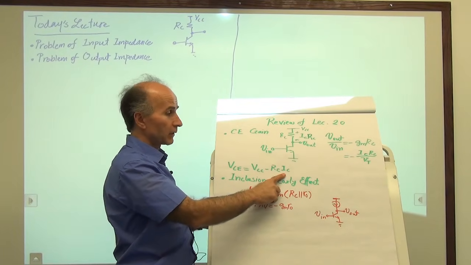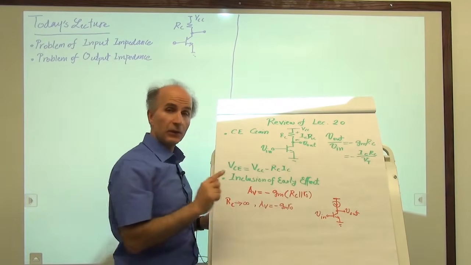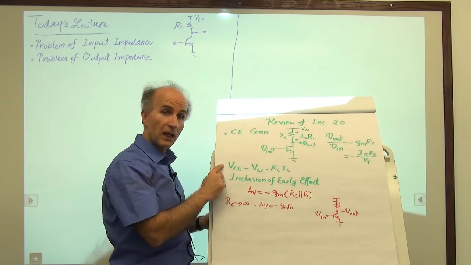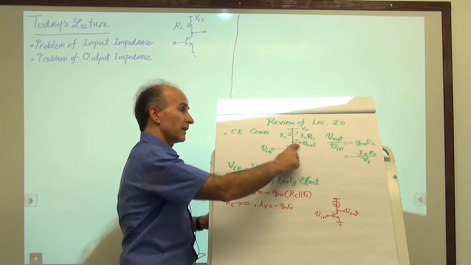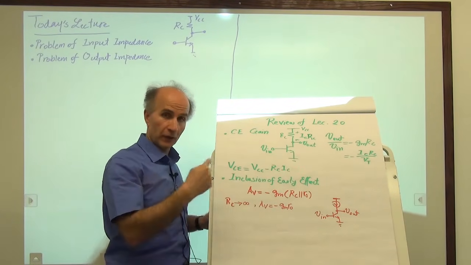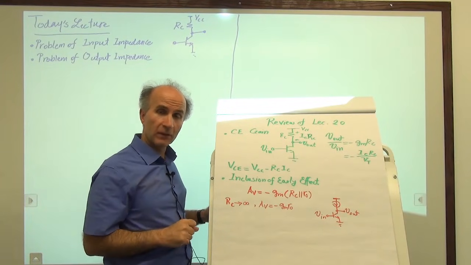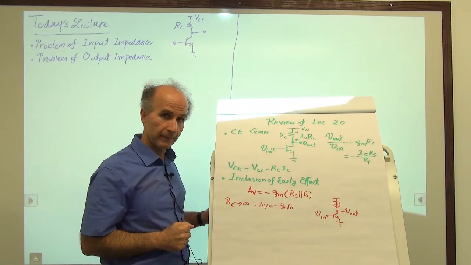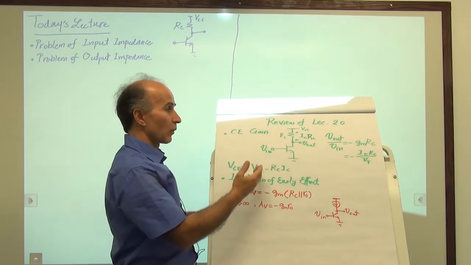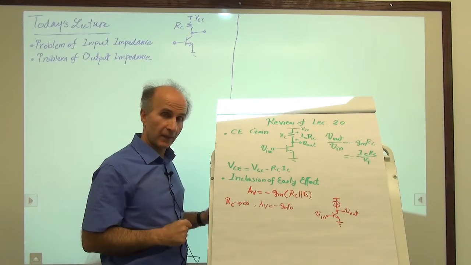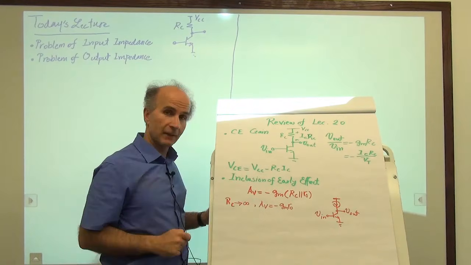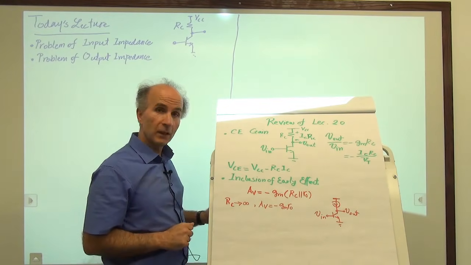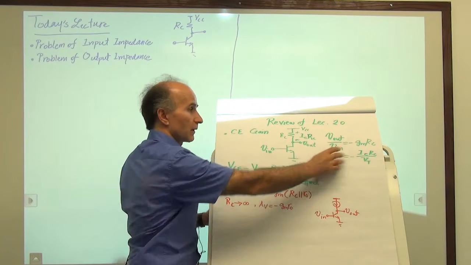So if we attempt to increase the gain by increasing IC or RC, we end up with a lower VCE. And if this VCE is low enough, the transistor will go into saturation and it will be a bad result. The device will not be working in the forward active region anymore. So for that reason, there's only so much gain we can obtain from a stage like this with a resistive load.